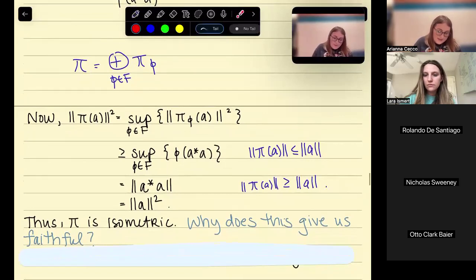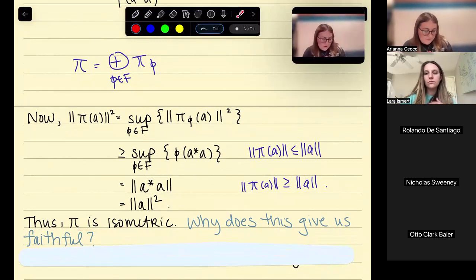Therefore, pi is isometric. In the statement of the theorem, we said that we wanted pi to be faithful. Do you guys remember from the previous lectures what the definition of faithful is and why being isometric gives us that it's faithful?